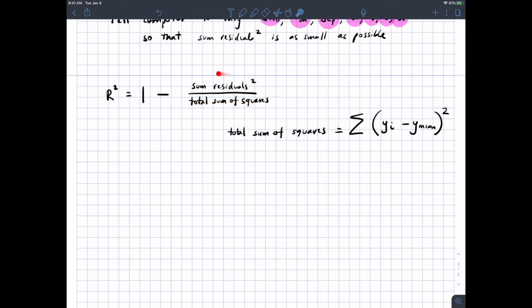Sum of square residuals should be as small as possible, and the closer it is to 0, the larger r squared is going to be. And r squared, you can basically interpret it as the percent of the variability in your data that is explained by your model.